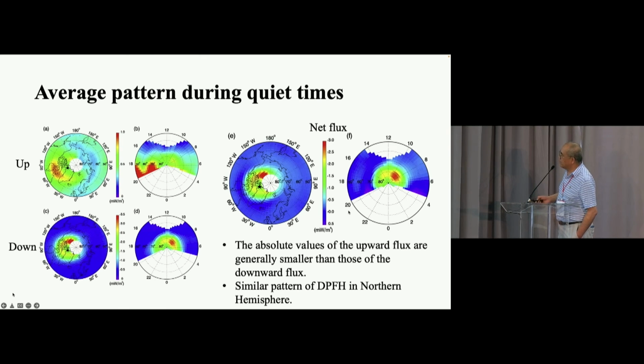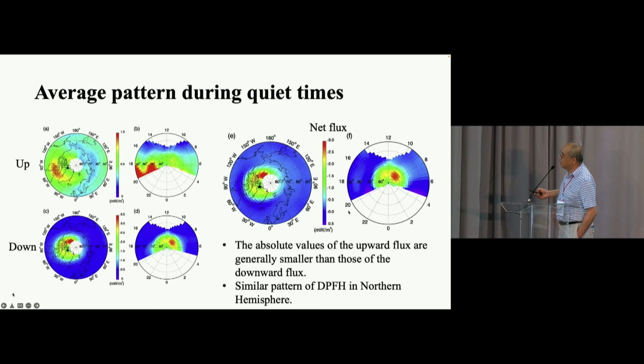If you add all together, the downward and the upward, what you have is again a very hot, strong longitudinal hotspot of Poynting flux, centered around 120 west, and also at 70 to 80 geographic latitudes.